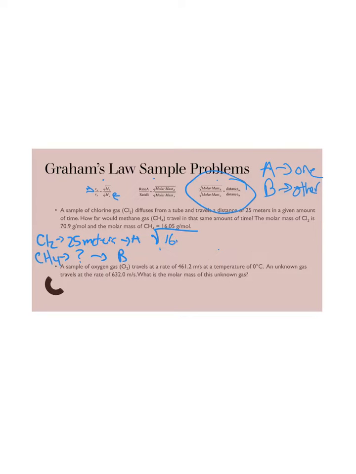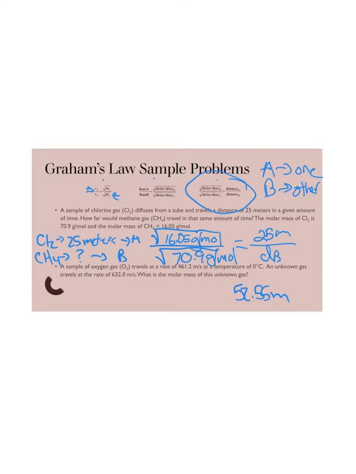The square root of 16.05 grams per mole over the square root of 70.9 grams per mole equals, now we have the distance A, and we said A is chlorine, so chlorine traveled 25 meters, and you're looking for your distance B. Now you can just use algebra to solve for that distance B. After doing that algebra, you get the answer of 52.55 meters for the distance that B is going to travel.